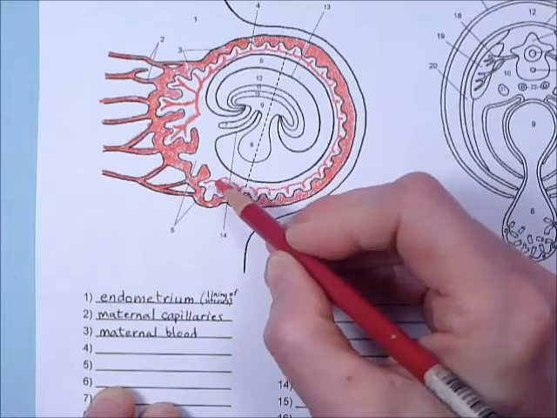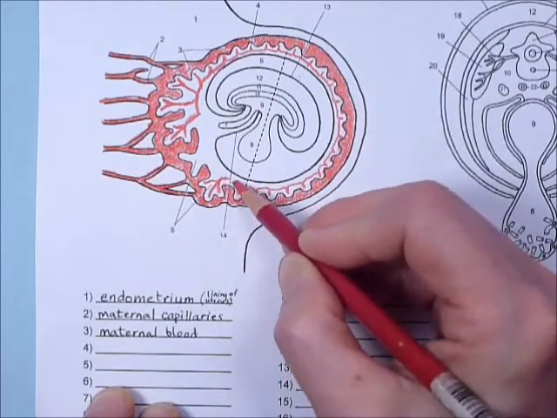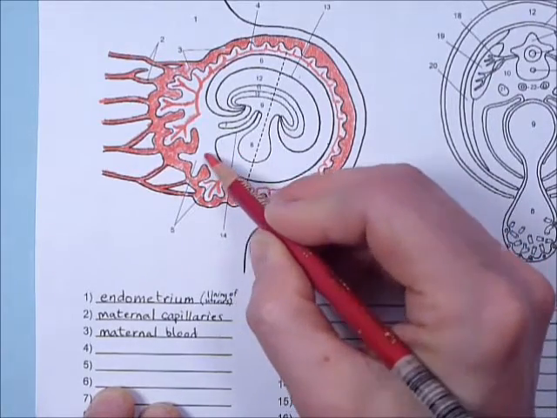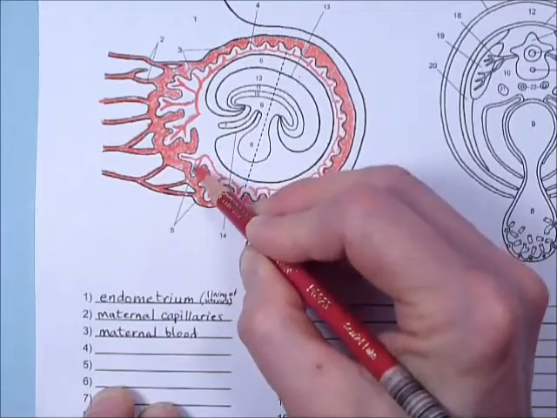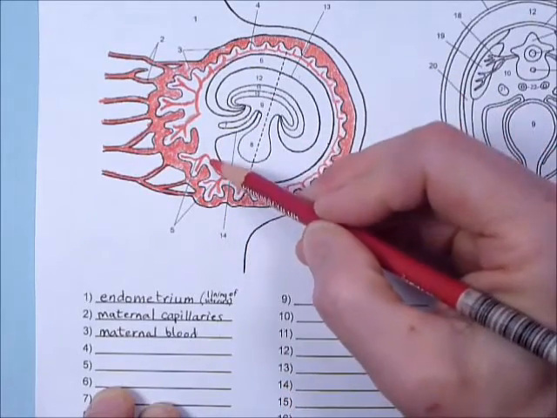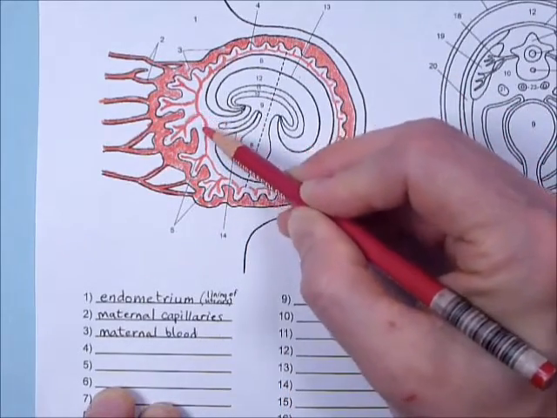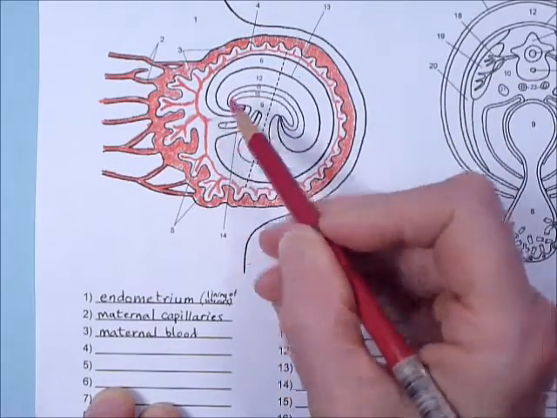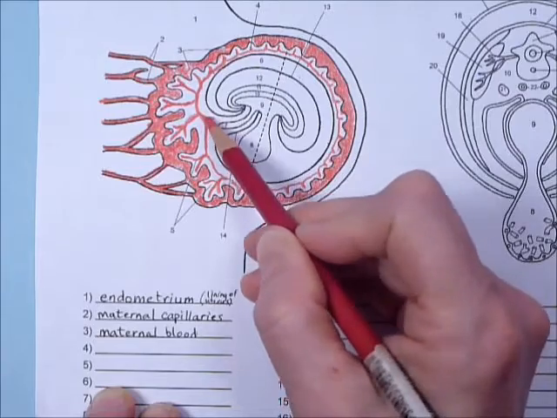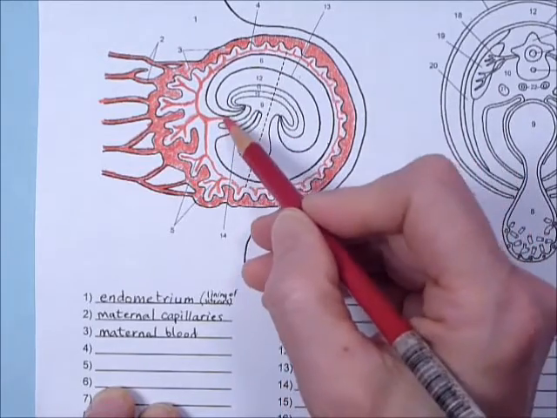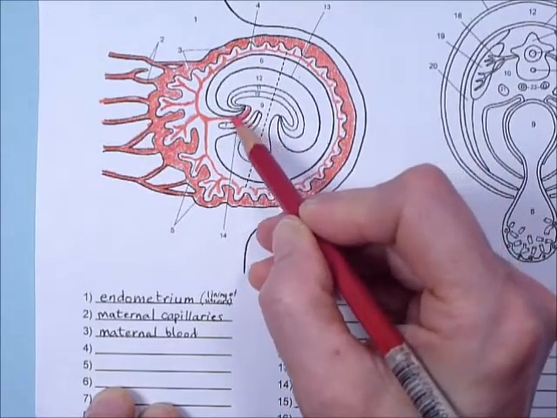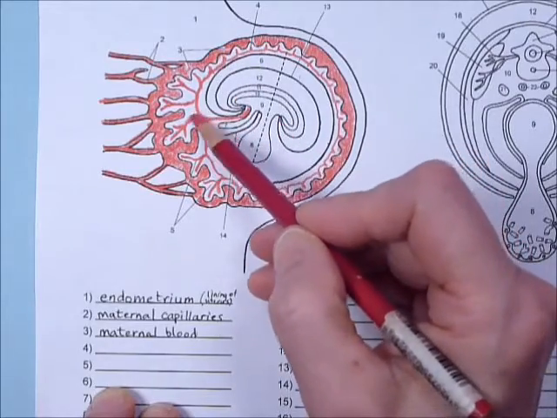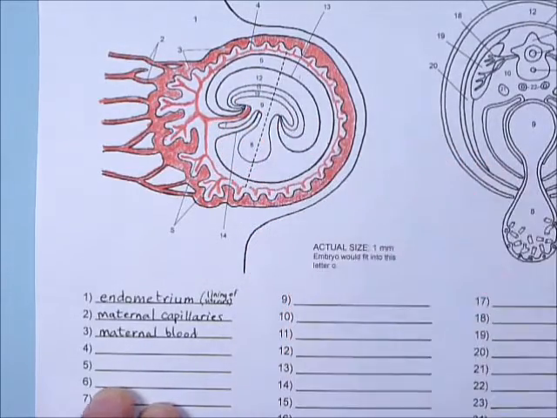Into all the little fingers. Remember, villi, or villus, means finger. So these little blood vessels running in there. And then connect up right past that little thing that's labeled 7. Just take a red line and go in like this to know that these little blood vessels go into the embryo.